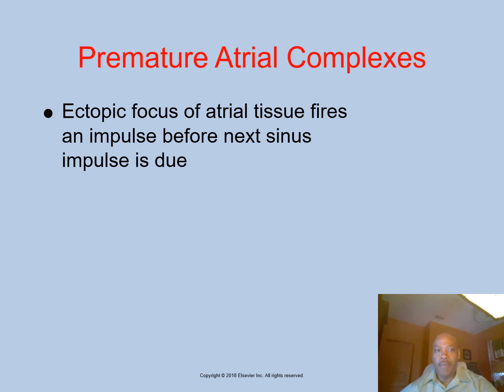So let's go ahead and focus on another rhythm that is originating from the atrial area, where the pacemaker, the SA node, is located. This next one is premature atrial complexes, or what we refer to as PAC. The focus of impulse generation shifts away from the SA node to the tissue that surrounds the SA node, but within the atria.